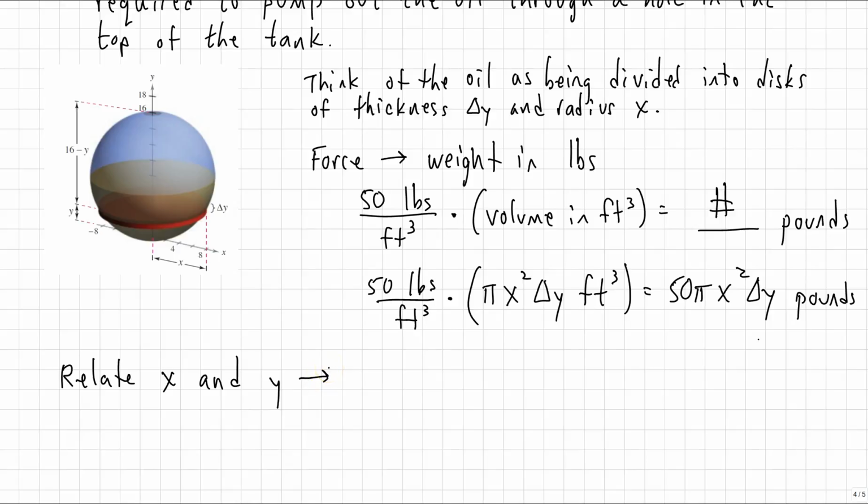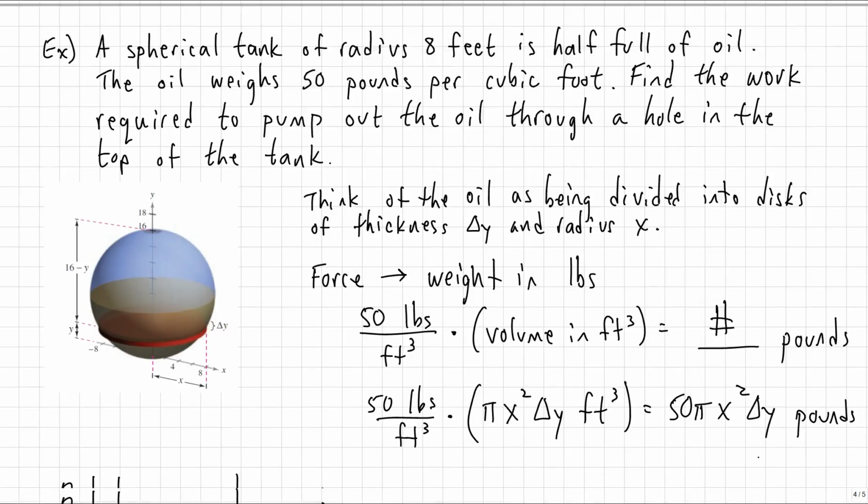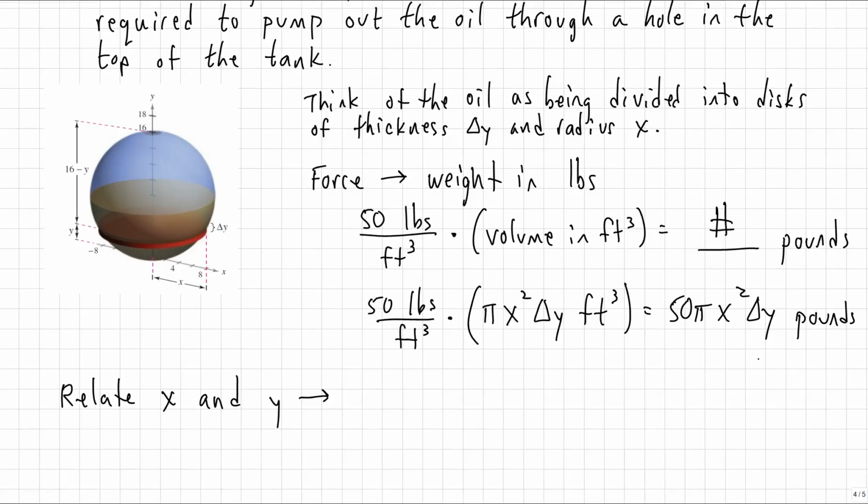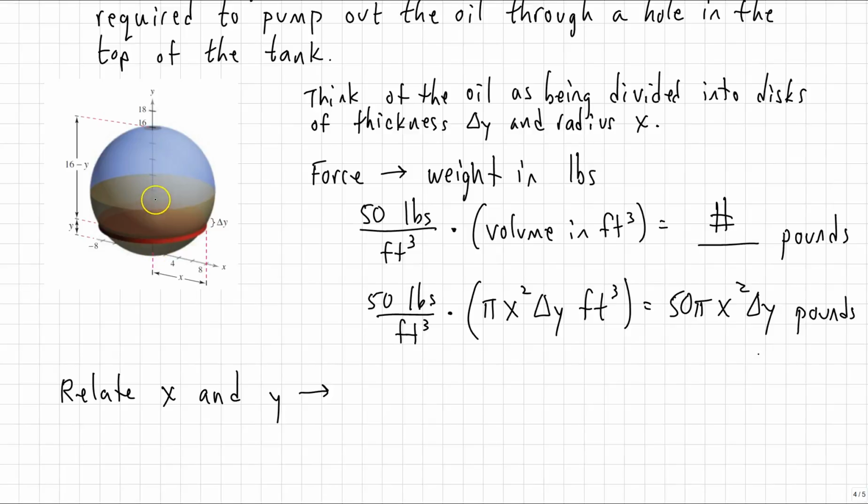Well, we have a sphere whose center is 0, 8. The radius is 8 feet, which means the tank is 16 feet tall. So its center is going to be at 0, 8, based off where we placed it on the xy plane. So we're going to have x squared plus y minus 8 squared equals 8 squared.